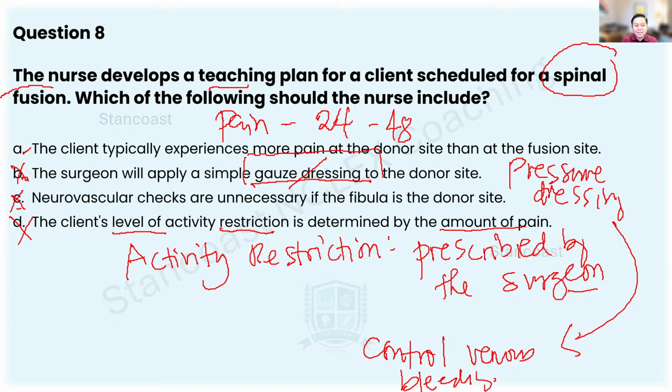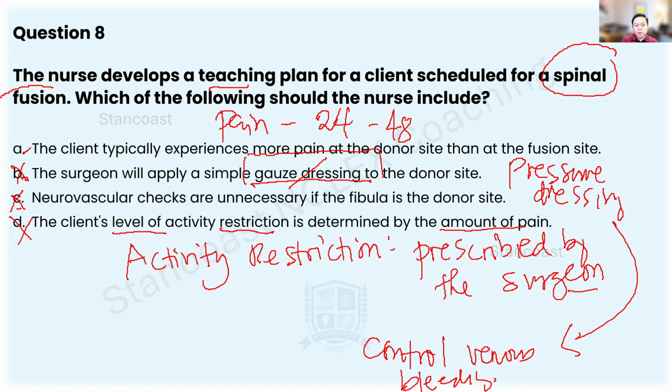Okay, so guys, the spinal fusion will also involve the harvesting of tissue from another area of the body. So this is going to be another alternative. They're going to get a tissue from the person's own body, from the subcutaneous area.